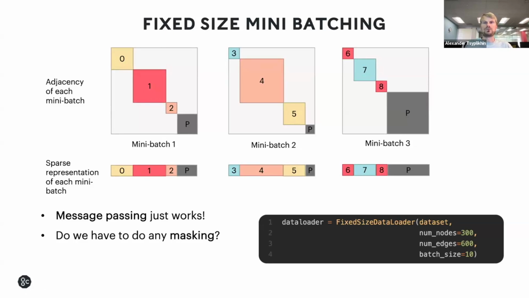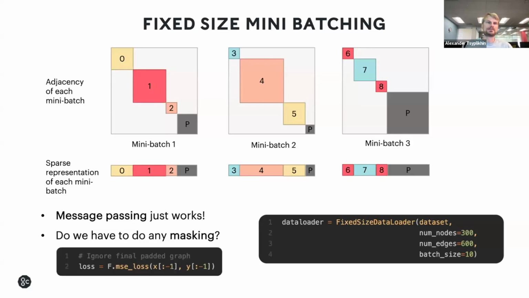And for PyTorch Geometric on IPU, we have built a set of components to enable these fixed size inputs. The data loader shown here is an example with the ability to fix the number of nodes and edges, given a batch size of 10, for example. So it will pad each mini batch to this fixed size.